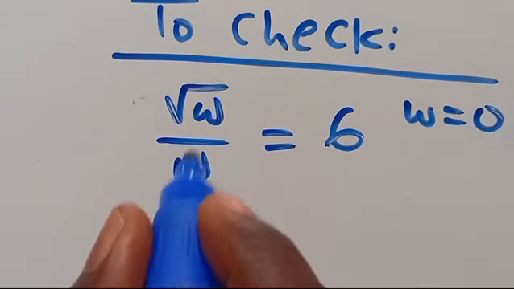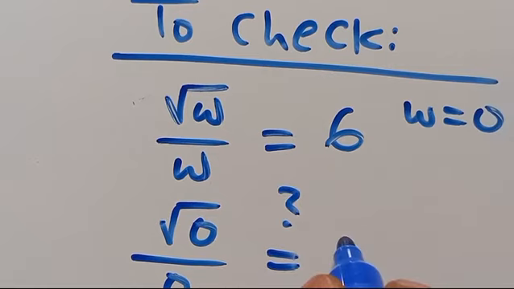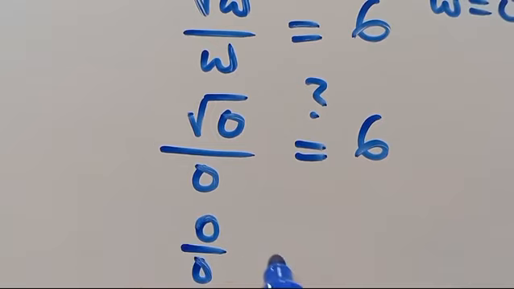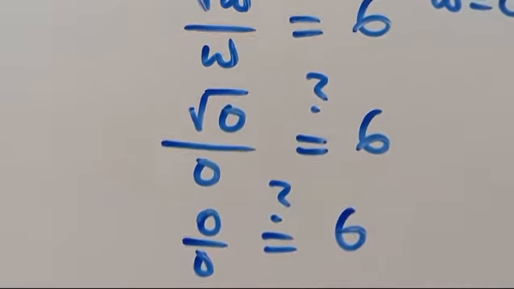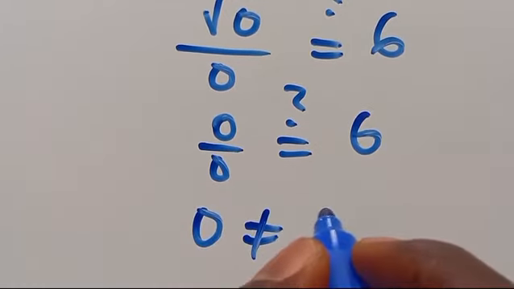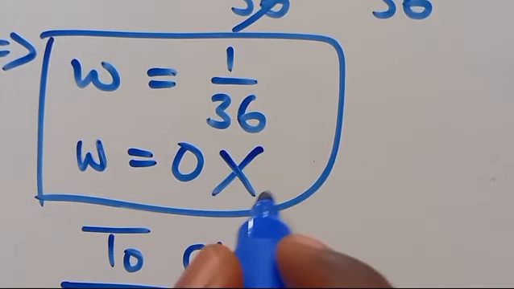Let's verify root of 0 over 0, then it's going to give us 6. Root of 0 is 0, over 0, then it's going to give us 6. 0 divided by 0 will give us 0. This does not equal 6. So therefore, we cancel this solution.